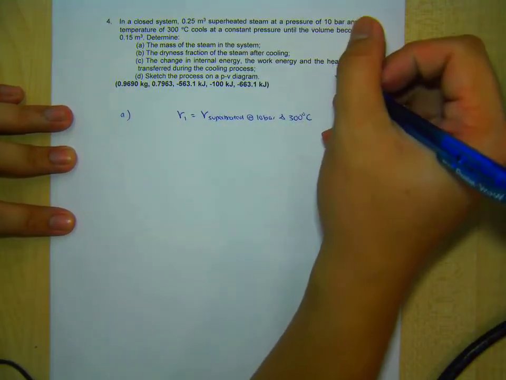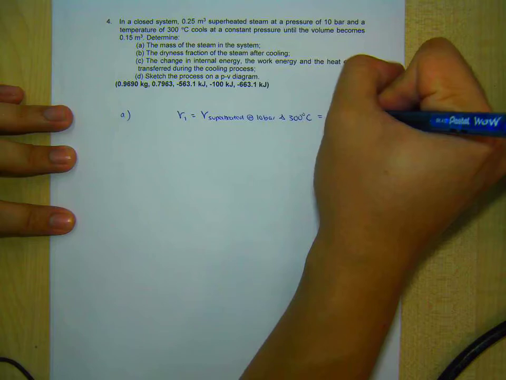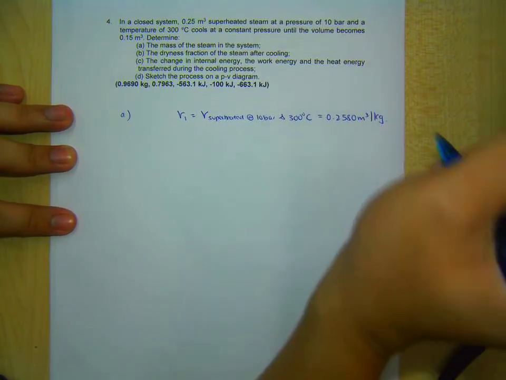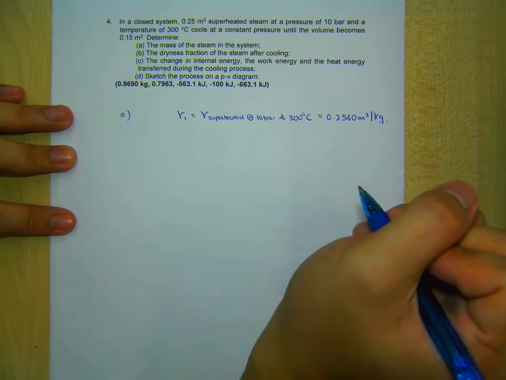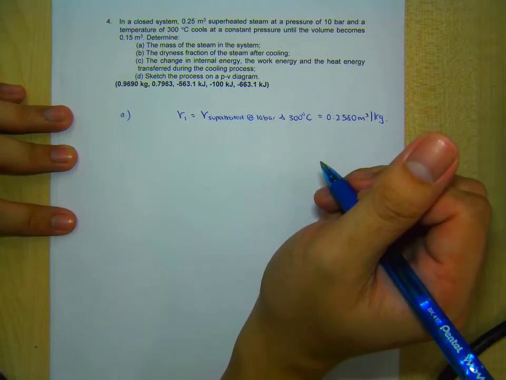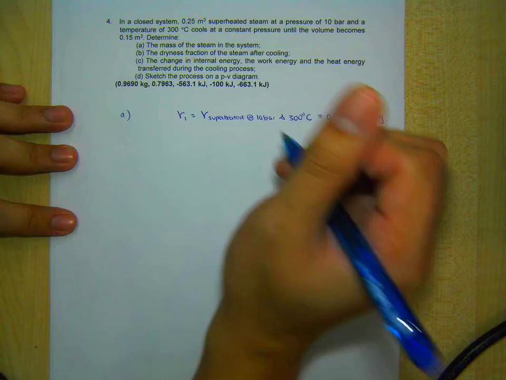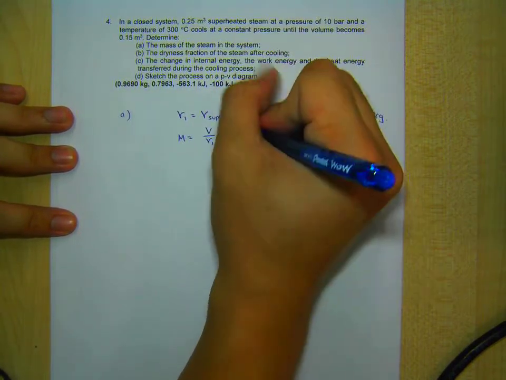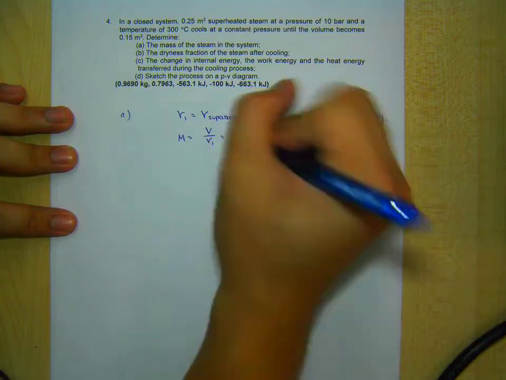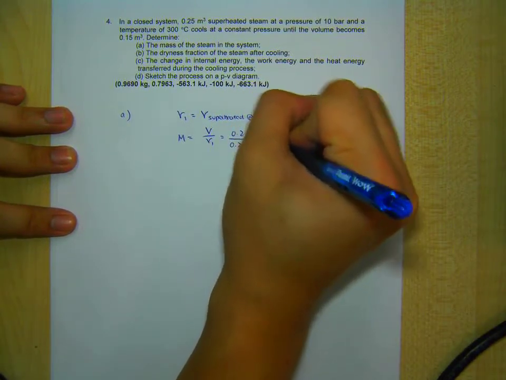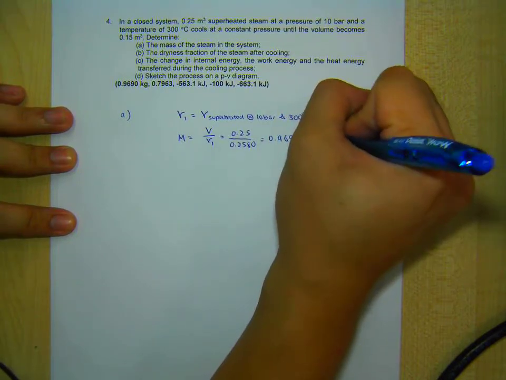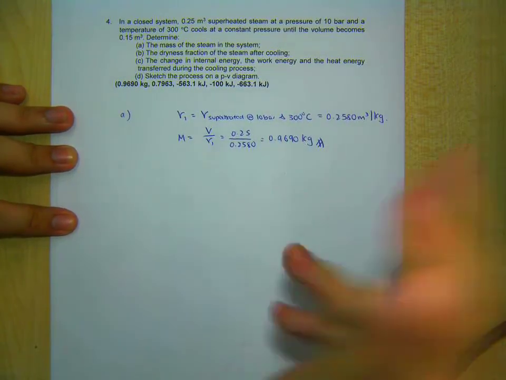Again we go to the table, we look for it, we will get 0.2580. After we get our v1, our mass will be V over v. Okay, so this is our mass.